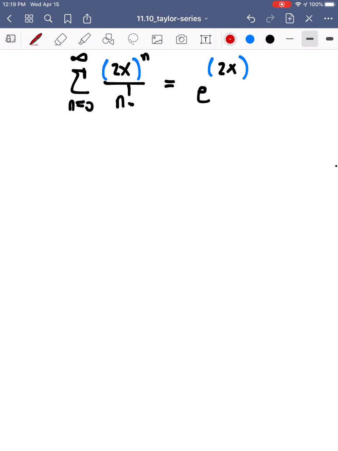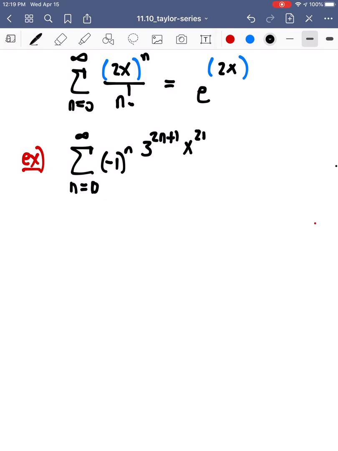Let's do another example of this. So here's a series we're going to start with: n equals 0 to infinity of minus 1 to the n, 3 to the 2n plus 1, times x to the 2n plus 1, all over 2n plus 1 factorial. If we just stare at this series for a while, we're going to ask ourselves, what pieces of this series look familiar to us in other Taylor series representations?